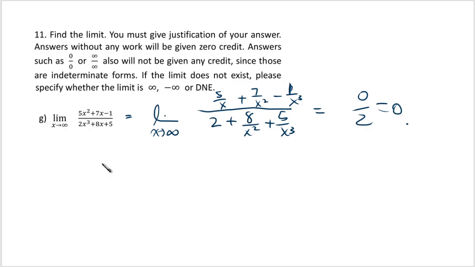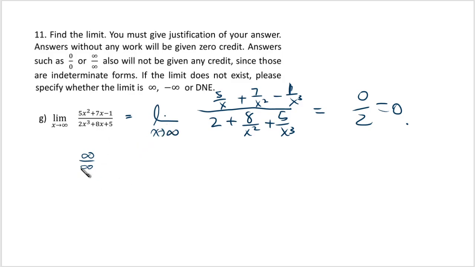And that's kind of obvious because the bottom increases much faster than the top. Now, if you didn't do this, and if you just wrote down, well, the top is positive infinity, the bottom is positive infinity, it just gives you an indeterminate form. It doesn't really tell you much, other than you have to do more work.